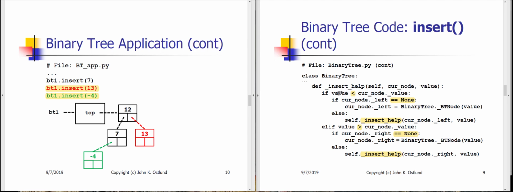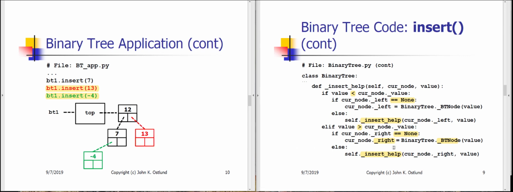In this situation, 13 is not less than 12, so we drop down to elif and ask whether 13 is greater than 12. Since 13 is greater than 12, and since the right side of the 12 is none, we allocate our new BT node on the right side of the 12 and fill that in with a 13. That's what causes this node containing 13 to be added to the right side of the 12. And at that point, we're done.